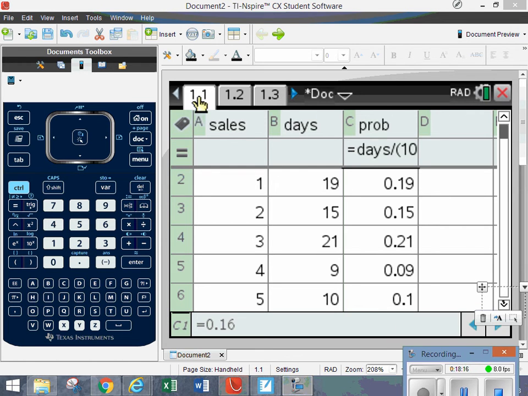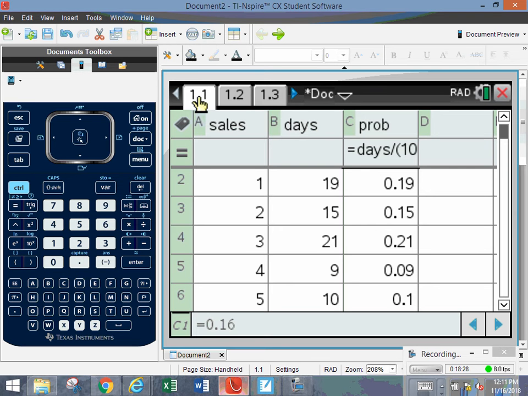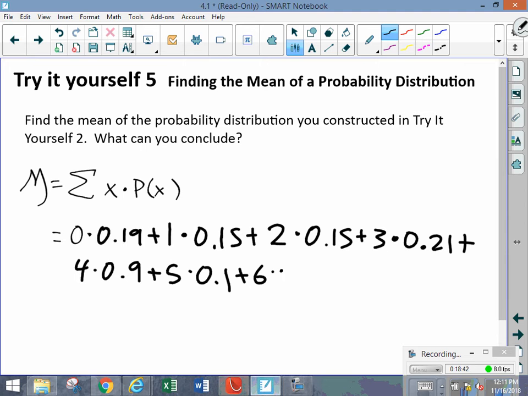It should be 3 times 0.21, 4 times 0.21, 5 times 0.1. Good? Okay, I did not make a mistake. And then 6 times 0.8, times 0.2. All right.